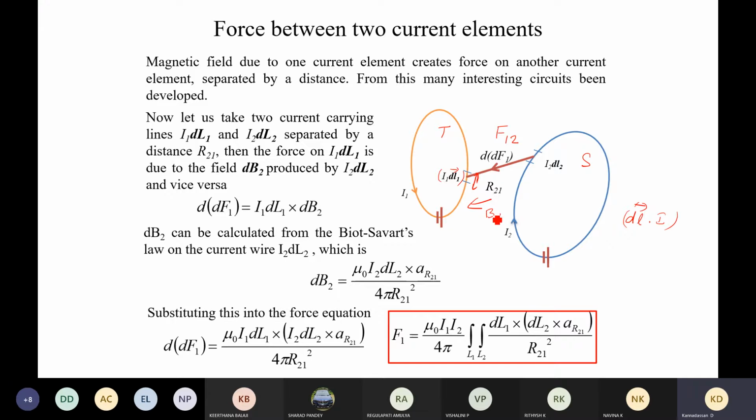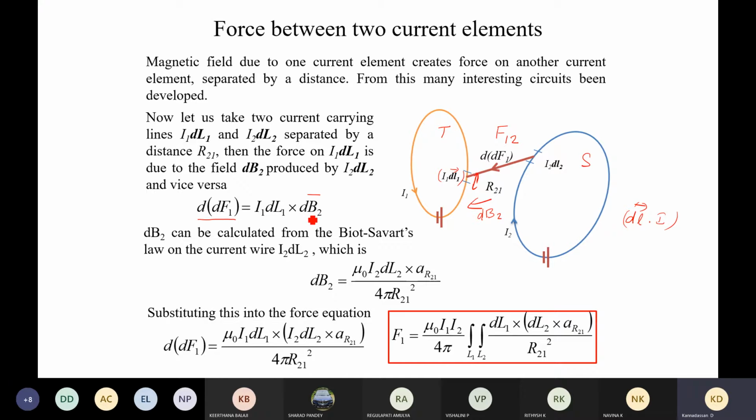Because of the small current element in the source loop, that is loop 2, a small magnetic field is created. That magnetic field is going to act upon the small current element and apply a force upon it. So that is nothing but a small force induced upon loop 1 due to the magnetic field of loop 2. This is the easiest way to do it.